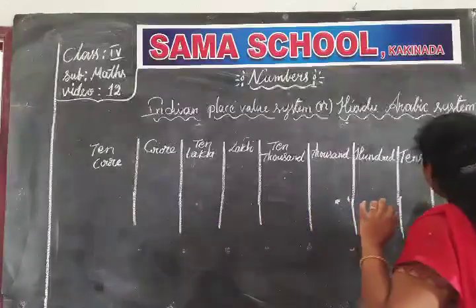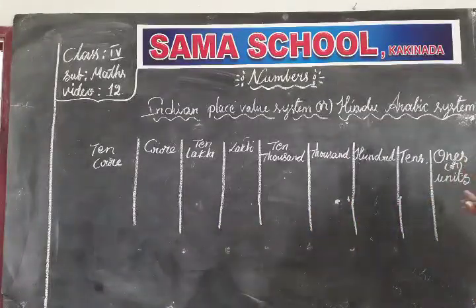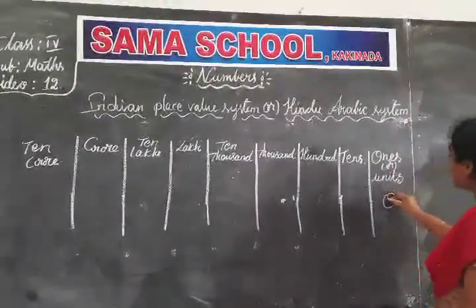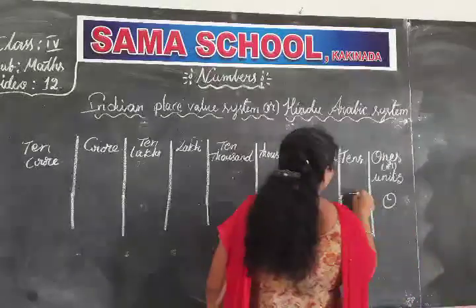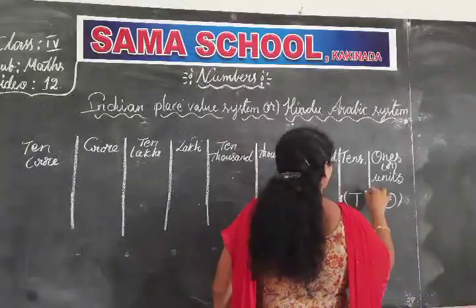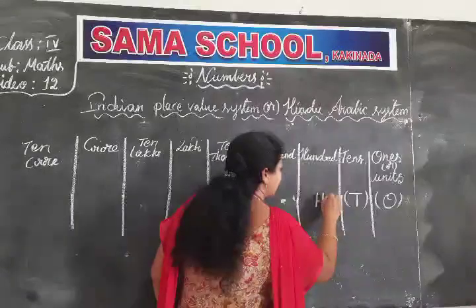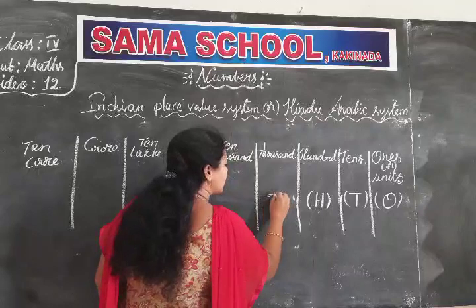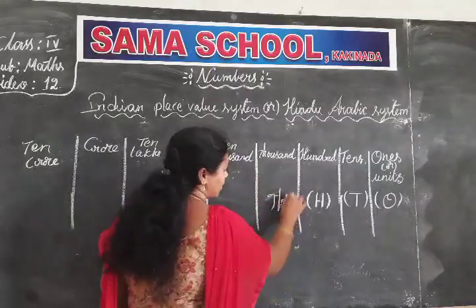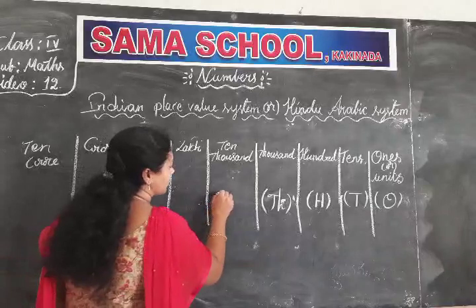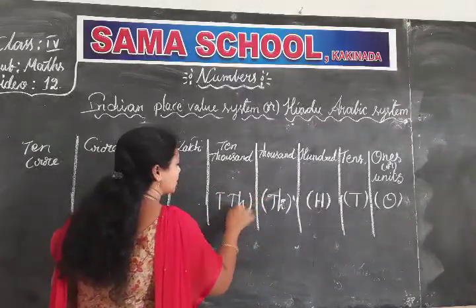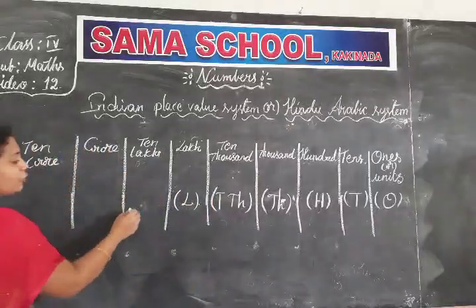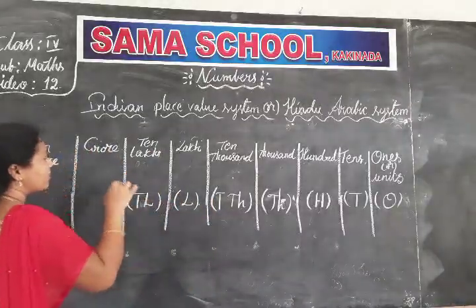Let us see. The ones place is denoted by the letter O. Tens, T. Hundreds, H. Thousand is denoted by the letters TH. Ten thousand, TTH. Lakhs, L. Ten lakh is denoted by the letters TL.